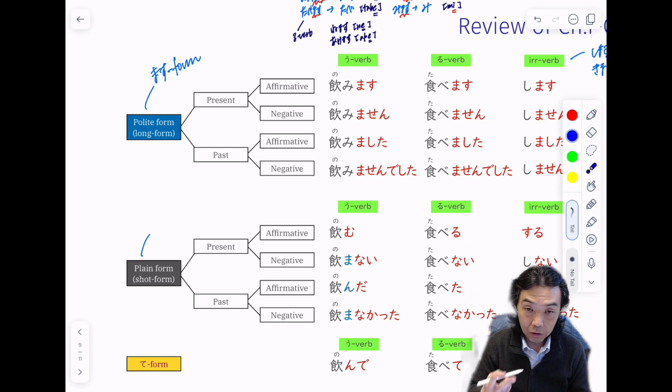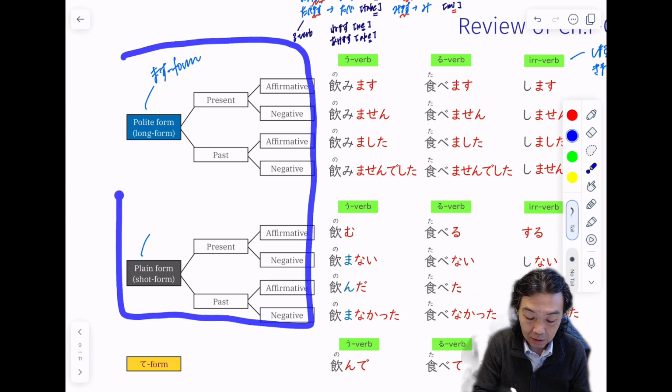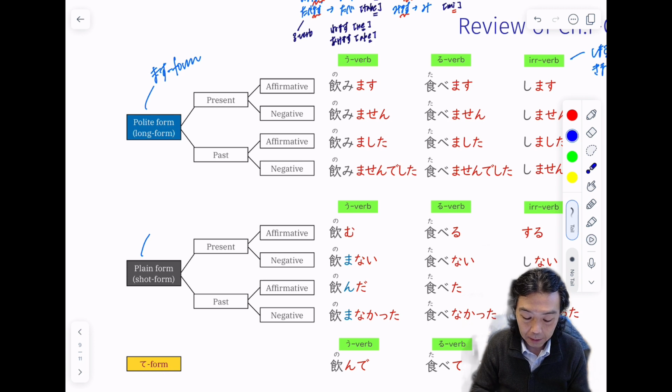So polite form has two different tenses, and in the same way plain form also has present and past. Each tense has affirmative, which is yes, and negative, which means no. So altogether here you have 8 different types of conjugations.